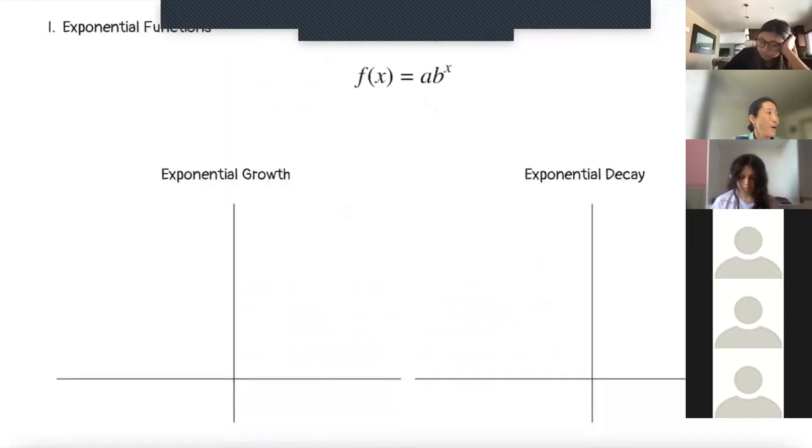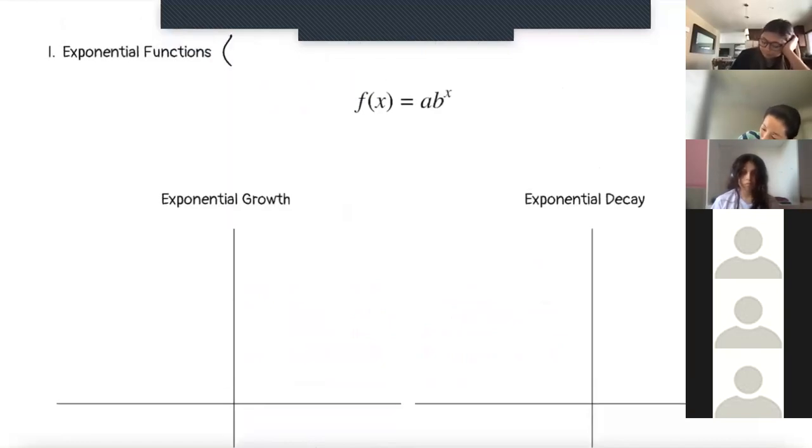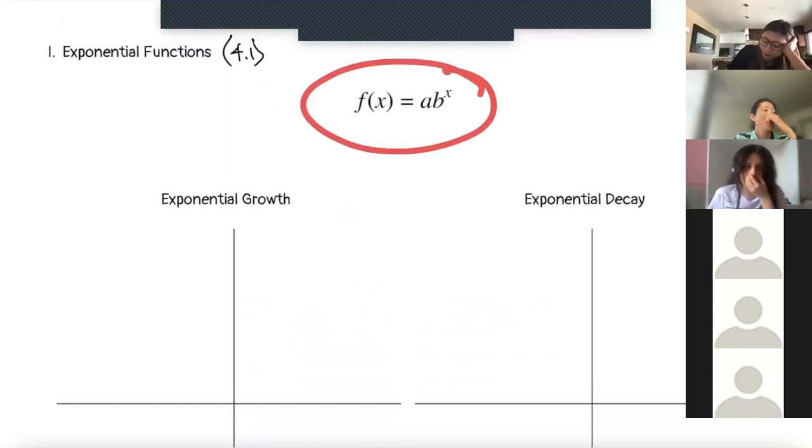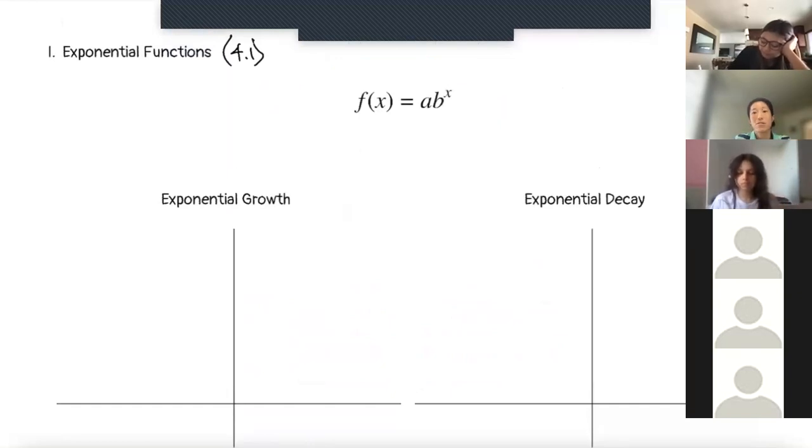All right, so exponential functions. This is something that you'll find in section 4.1 in your textbook, right? And what we'll find is that this equation, f of x equals ab to the x, is very much a function where we want to know what the different letters stand for.